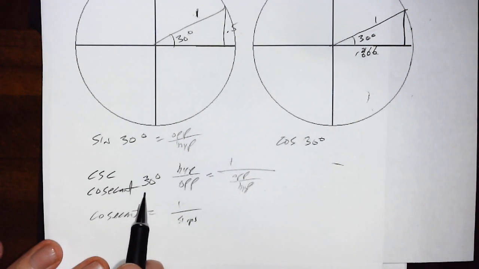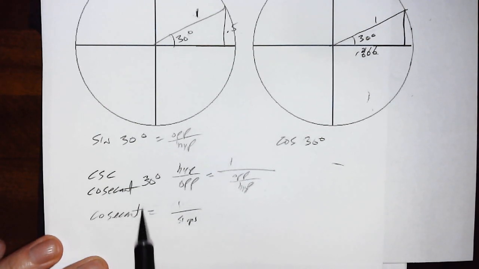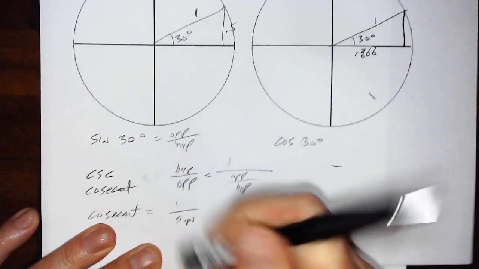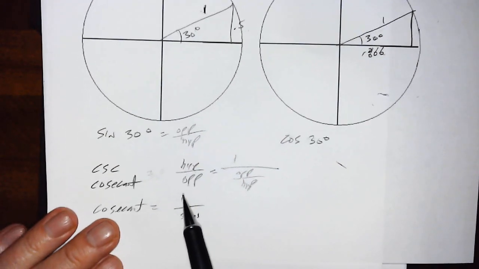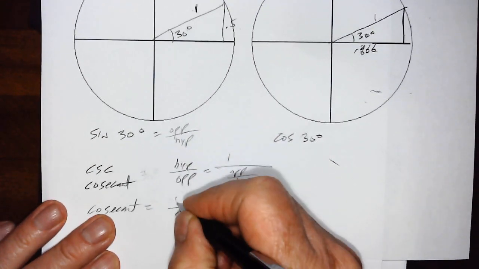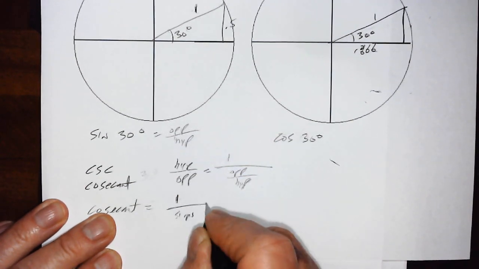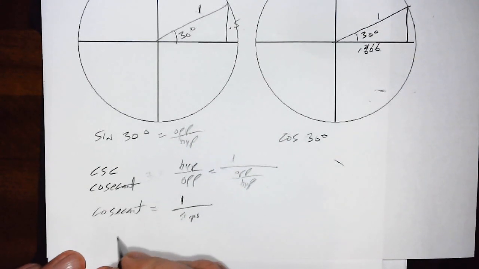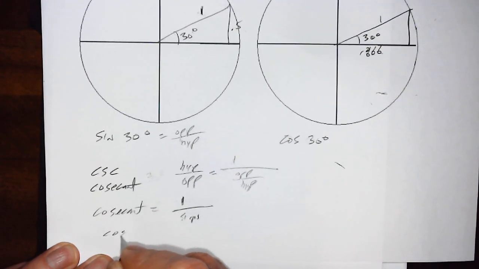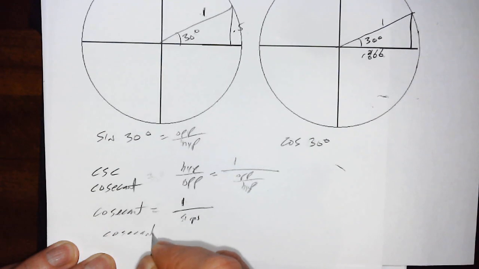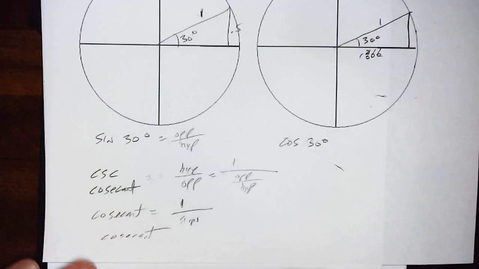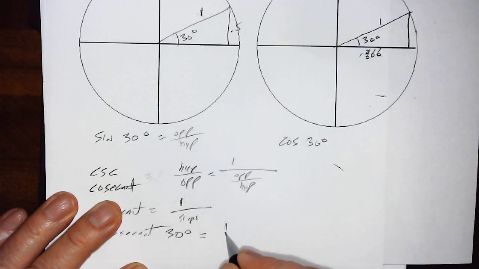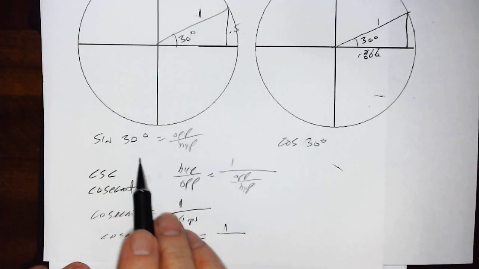Now, with my example of 30 degrees, I better put that down here because this is all the general things that don't have the numbers in them. But if we're talking about the cosecant of 30 degrees, it's going to be 1 over whatever the sine was.